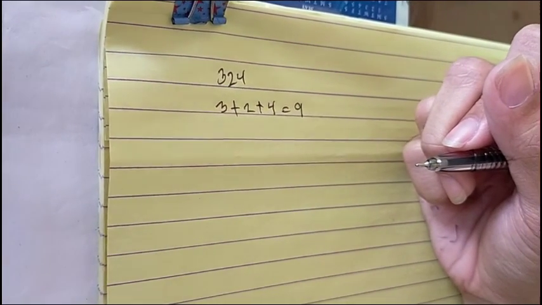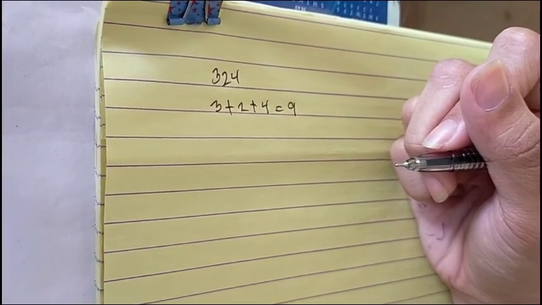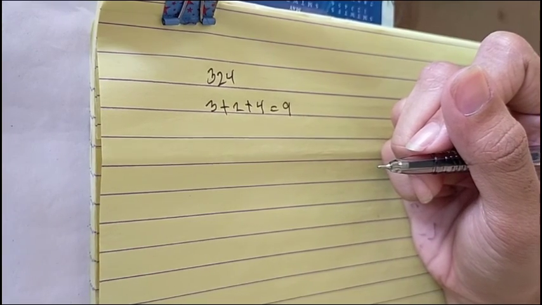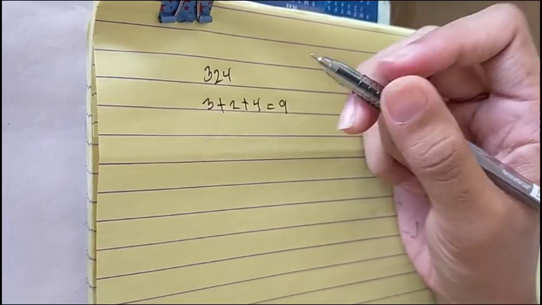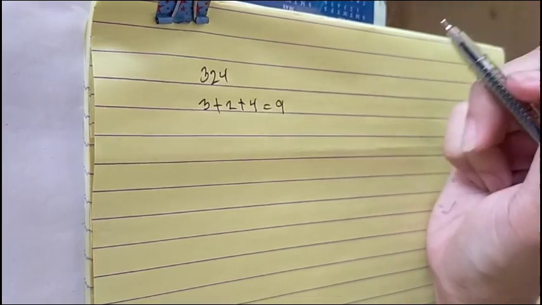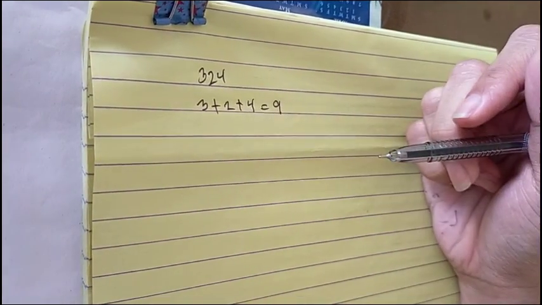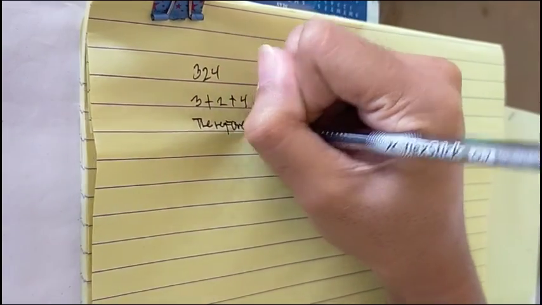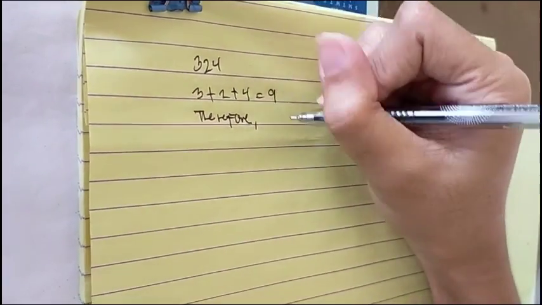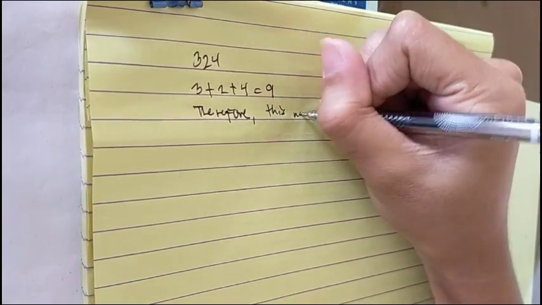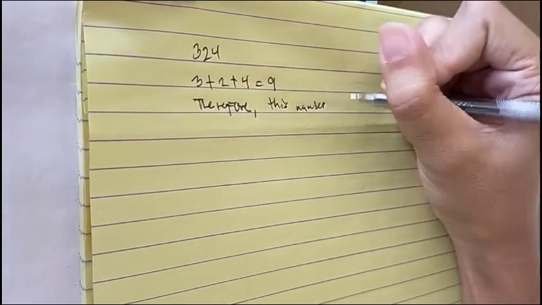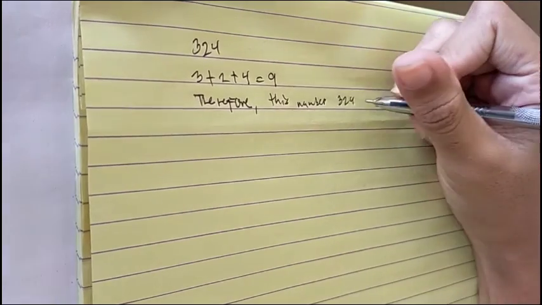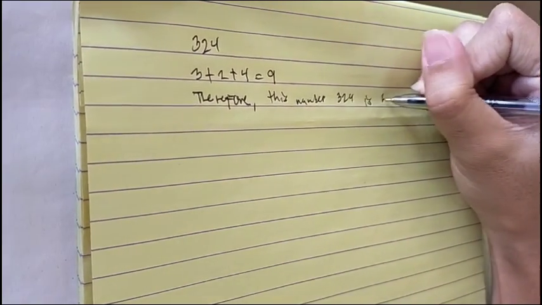Since the sum is a multiple of 3, meaning when we multiply 3 by itself we get the product of 9, so 3 times 3 is 9, 9 is a multiple of 3. Therefore, this number 324 is divisible by 3.